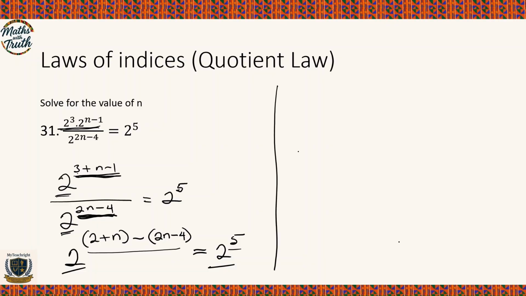So we have 2 plus n minus (2n minus 4) is equal to 5. So we write this out. Oh, wait a bit. See, now minus (2n minus 4) should give you plus 4.